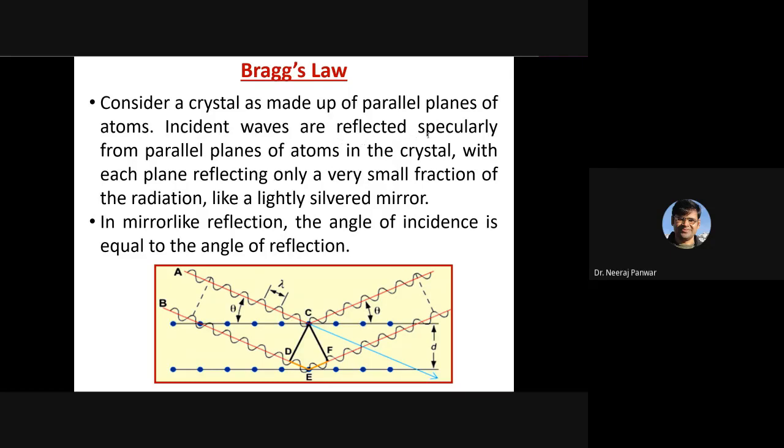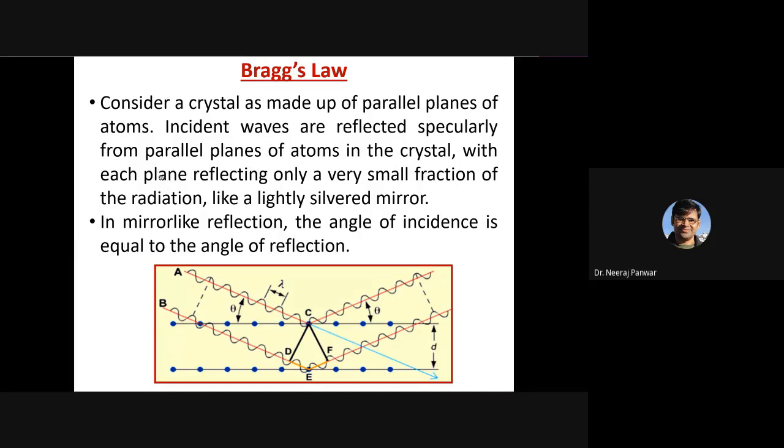Specular reflection means a reflection as if a mirror is placed here. The wave is incident and reflected, so the angle of incidence is equal to the angle of reflection. So in X-ray diffraction from solids, the diffraction is equal to the reflection. We have already discussed it.